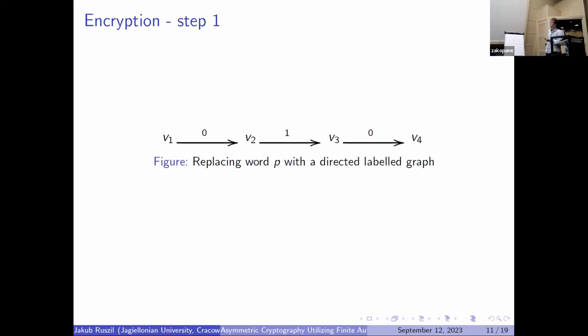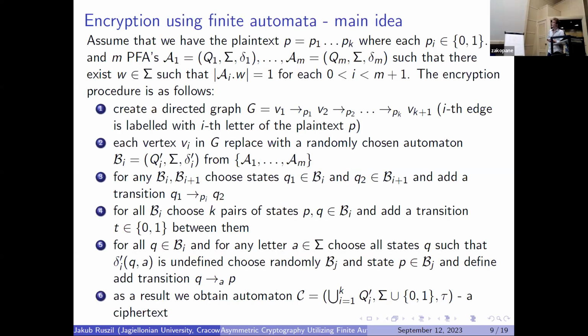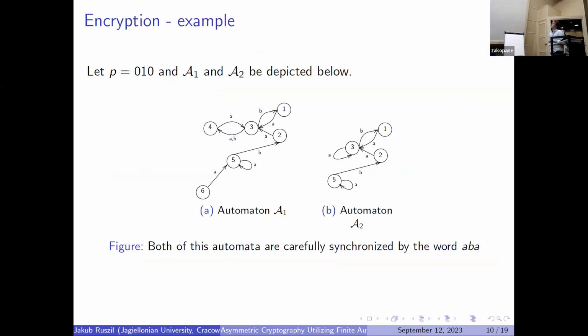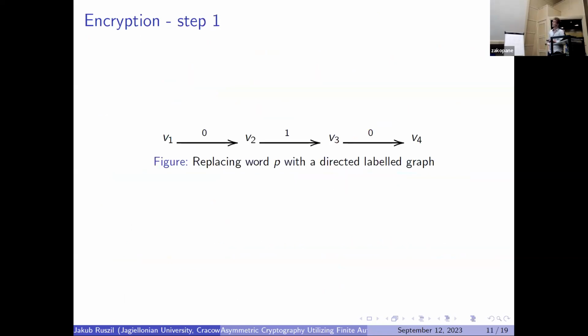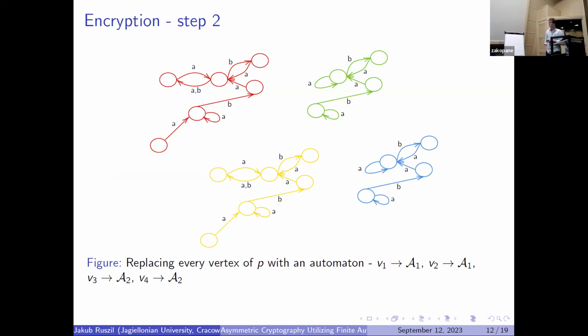So let's look at the first step. The first step is actually simple. The next step is that each vertex Vi in G is replaced with a randomly chosen PFA Bi from that set of M automata. So in the example, we replace V1 with A1, V2 also with A1, V3 with A2, and V4 with A2.